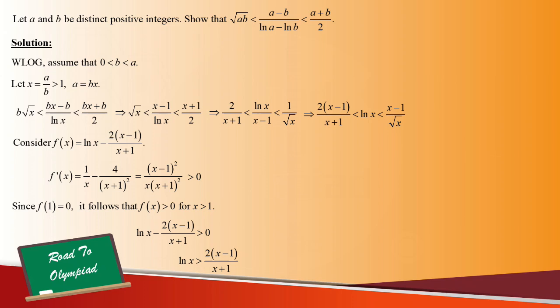Similarly, we can consider g(x) equals ln x minus (x minus 1) over square root of x. Then the derivative g prime of x is equal to 1 over x minus [square root of x minus (x minus 1) over 2 square root of x] over x, where again, the second term can be simplified into (x plus 1) over 2 square root of x cubed, and the entire derivative into negative (square root of x minus 1) squared over 2 square root of x cubed.